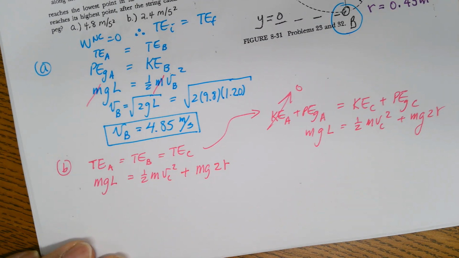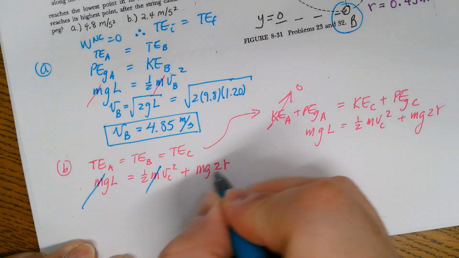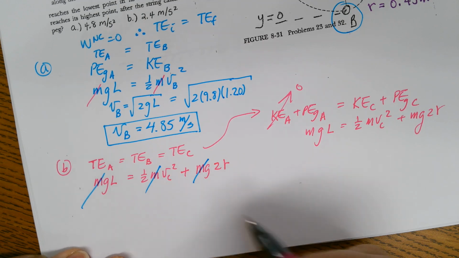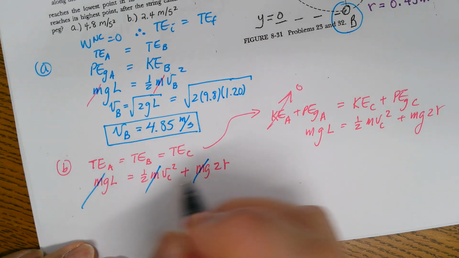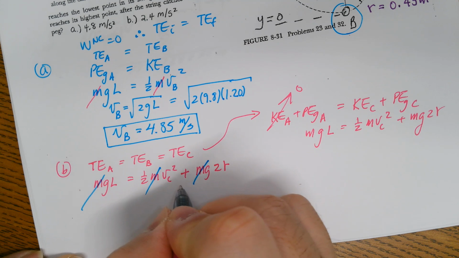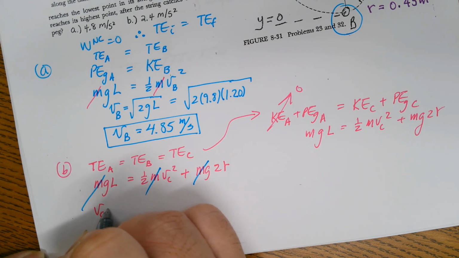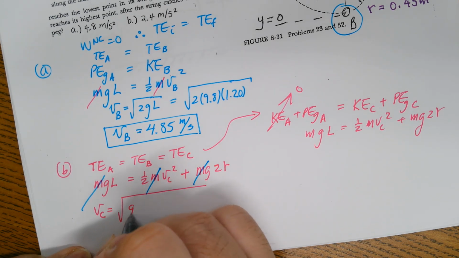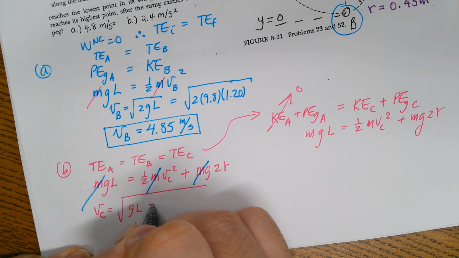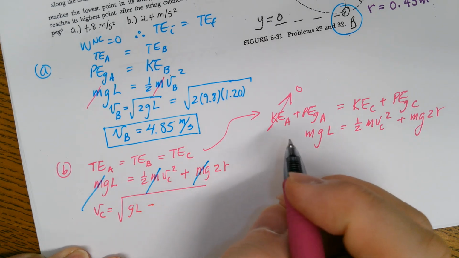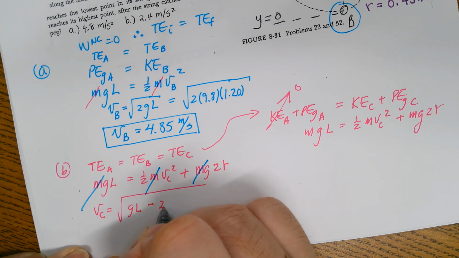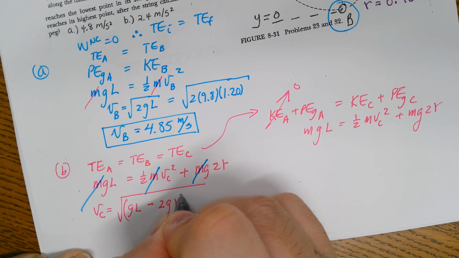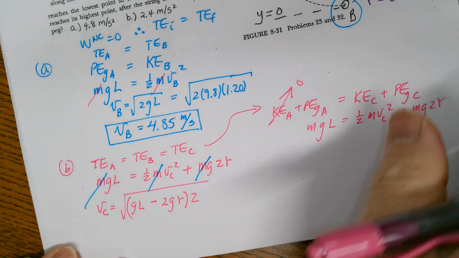So now, notice the masses will cancel out again. And if we solve for vC, we should get vC is equal to the square root of 2 times (gL minus 2gR).